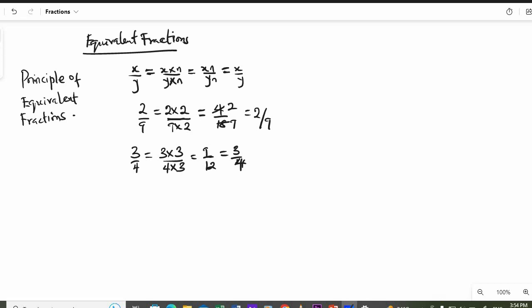Okay, so let's do a simple exercise involving the principle of equivalent fractions.